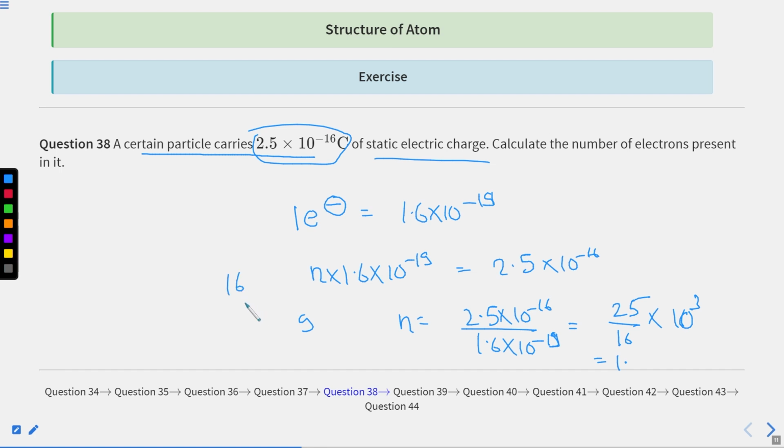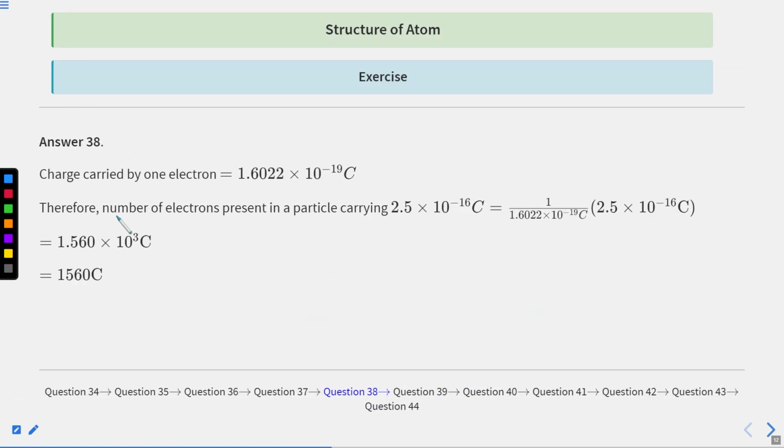Now 16 6s are 96. Then 16 5s are 80. So it is 1.5625 into 10 to the power 3. So this many electrons will carry this much charge.